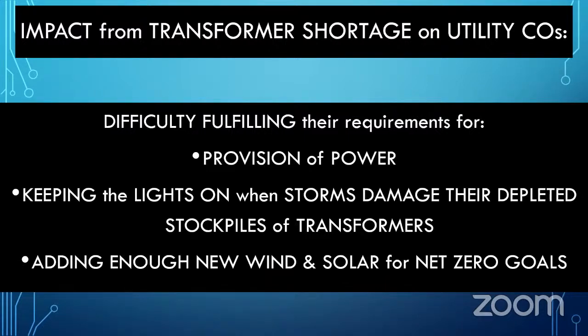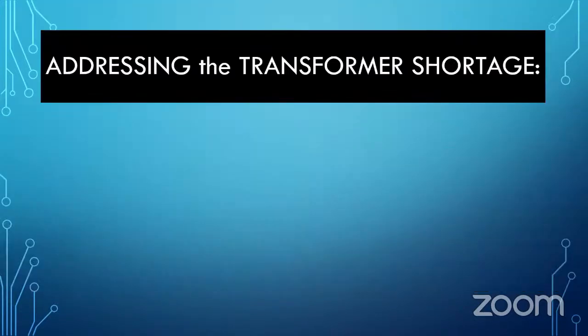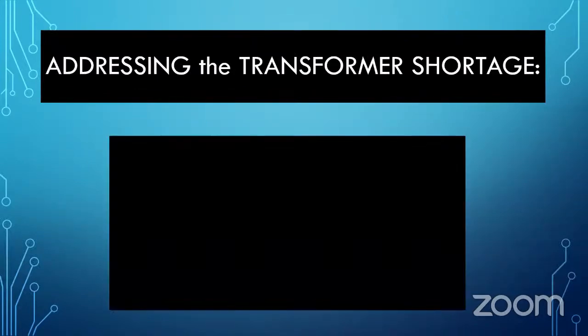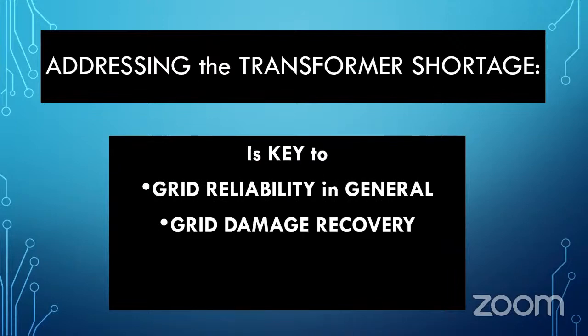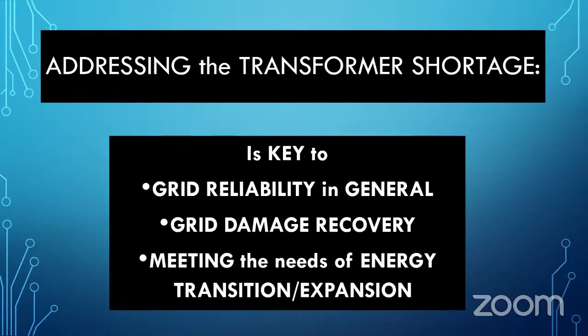Utility companies are having a tough time doing this without enough transformers. Addressing the transformer shortage. Addressing this shortage is key to grid reliability in general, grid damage recovery, and meeting the needs of energy transition and expansion.